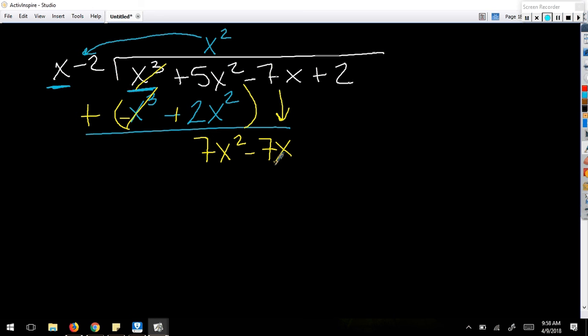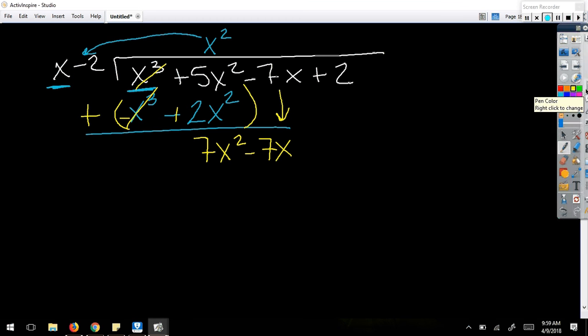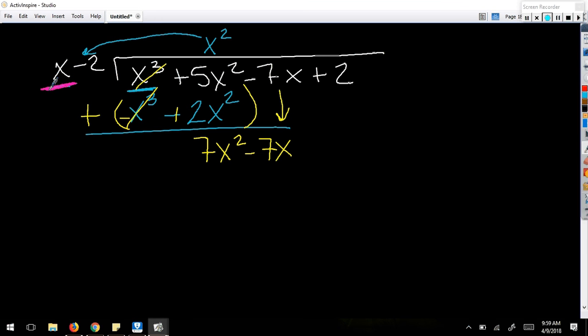What's my next step? Y'all are saying it. What are you doing? What do you multiply this by to get this? And what is it? 7x, and it's positive. And I'm going to multiply it around. 7x times x is? 7x squared. And 7x times negative 2?